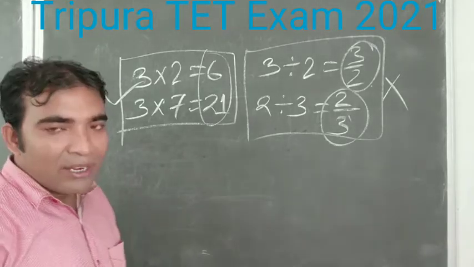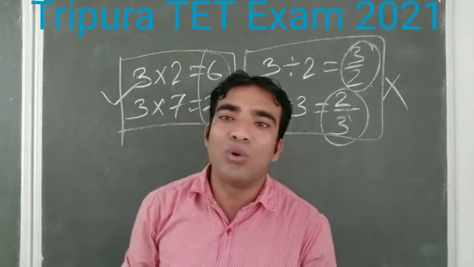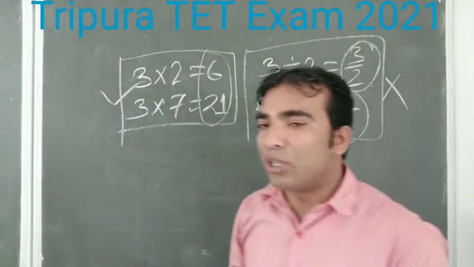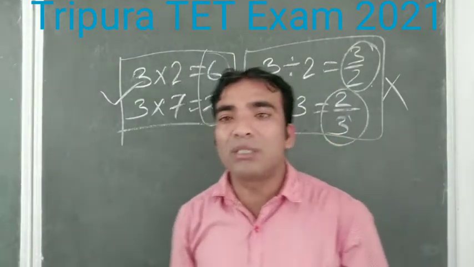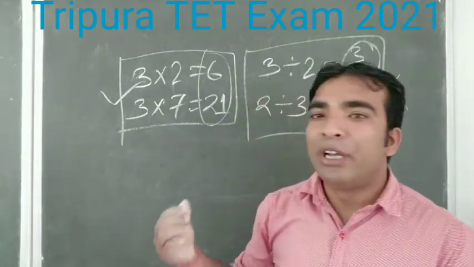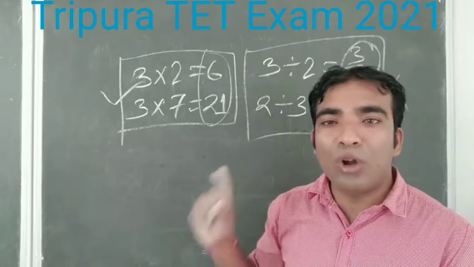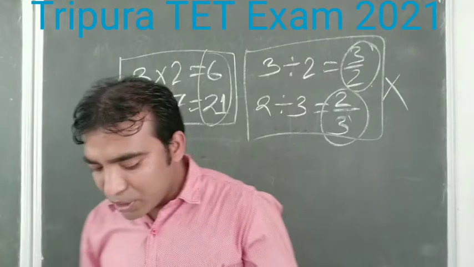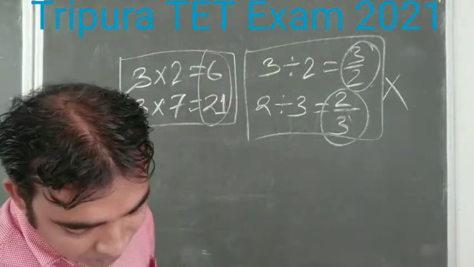So what we get, natural numbers and whole numbers are closed under addition and multiplication, and natural numbers and whole numbers are not closed under subtraction and division. So these two important things we have to remember from here.